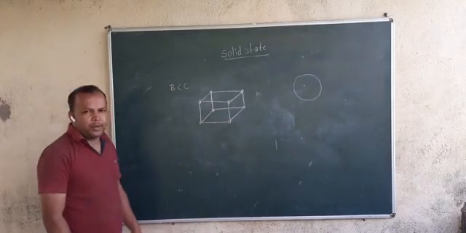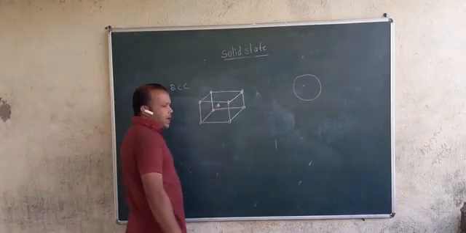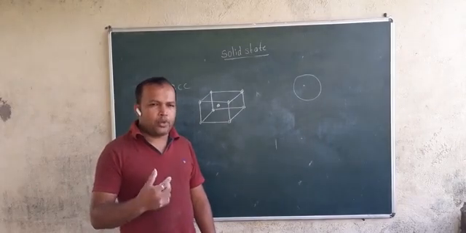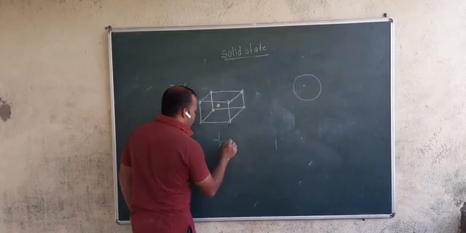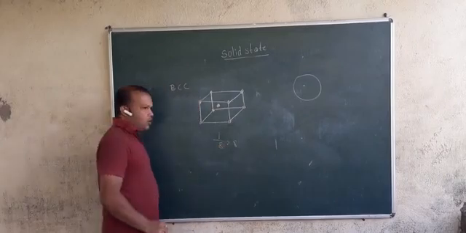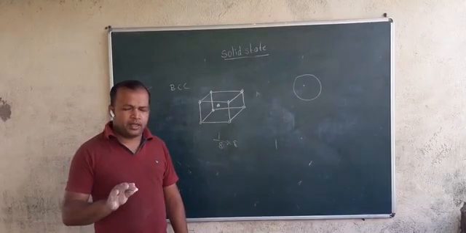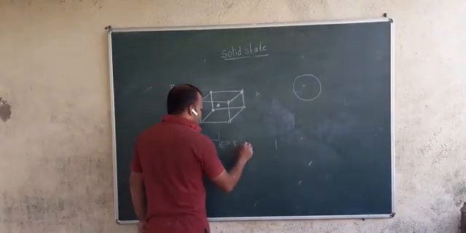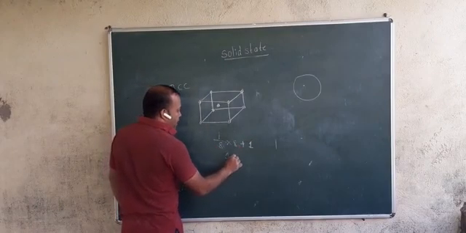Yes, 8 constituent particles at 8 corners and 1 in the center. And as you know, we have just seen the contribution of the corners, that is 1/8 of 8. And here one extra is there in the center, and the center constituent particle will not be shared by anyone. So plus 1. So 1/8 of 8 is 1, plus 1.